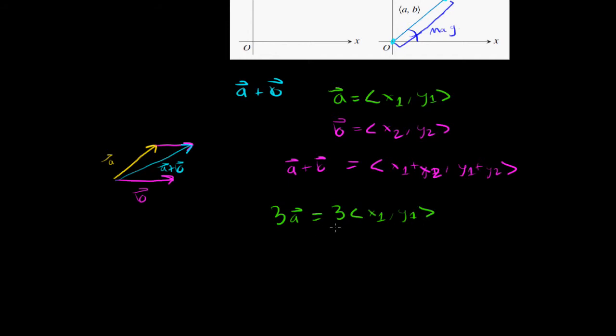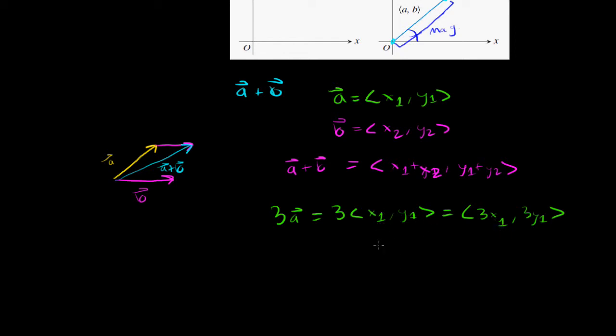The way we multiply is a lot like the distributive property, where we take the outer number and multiply it with all the inner numbers. So 3 times this vector would yield 3x1, comma 3y1.